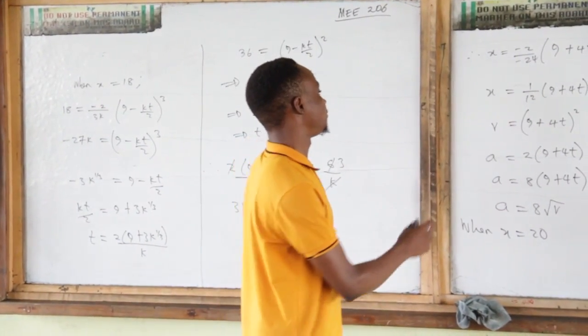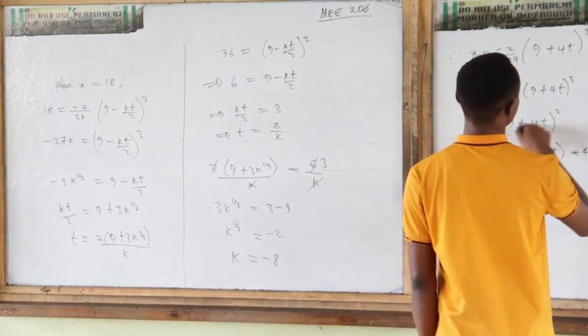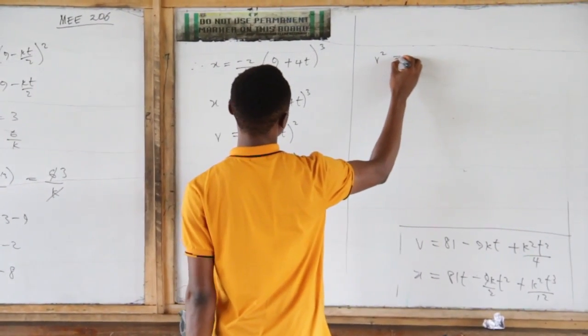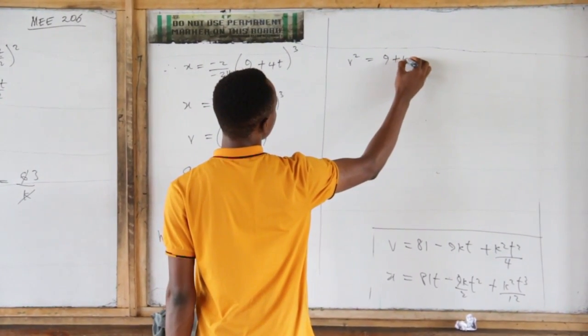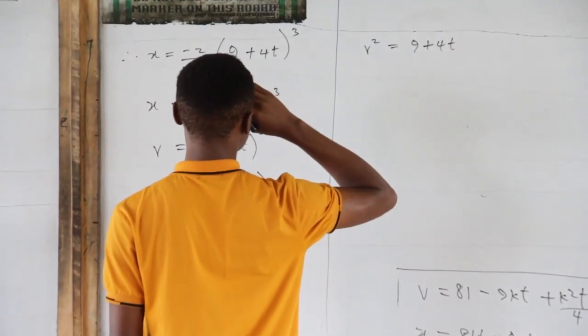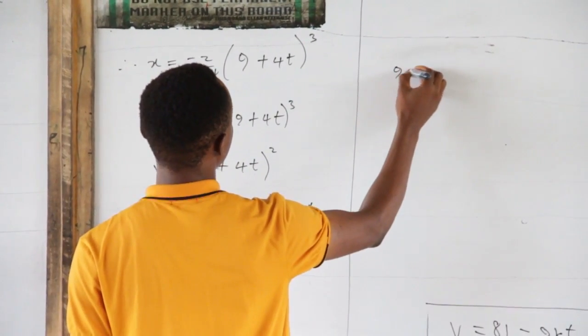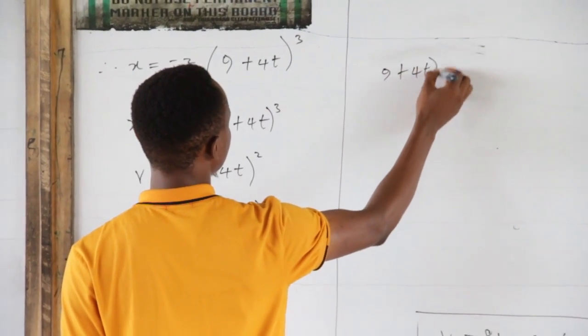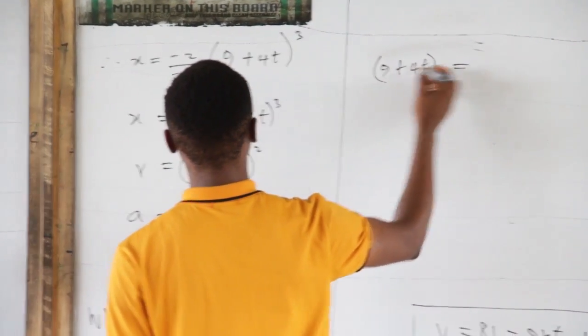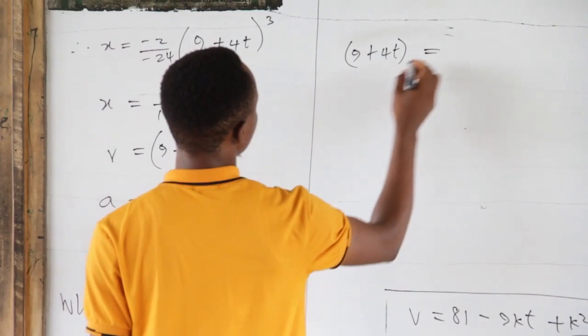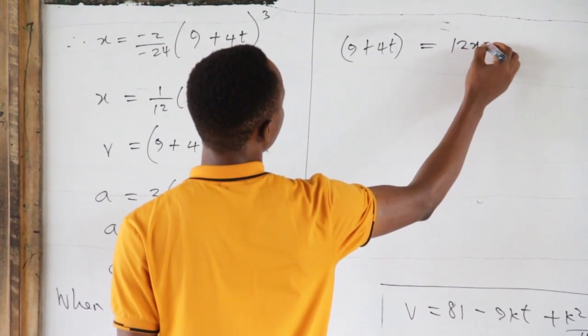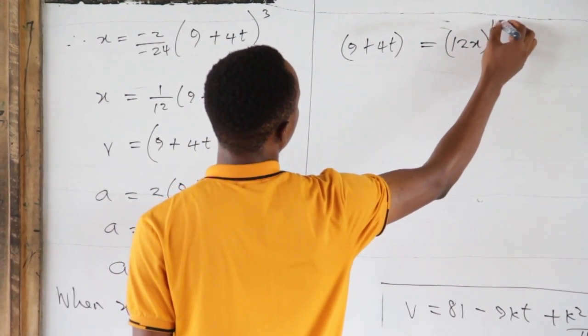Please pay attention now. You know that from here I can say that v squared is equal to 9 plus 40. Or I can say that 9 plus 40 is equal to 12x, everything there raised to power 1 over 3.